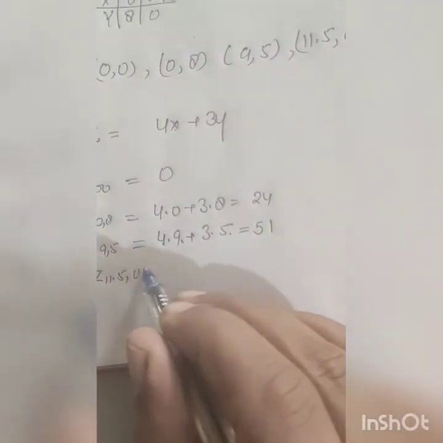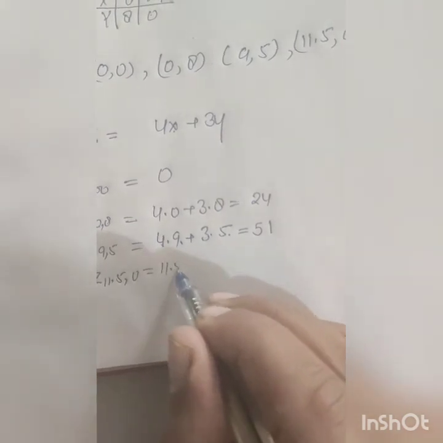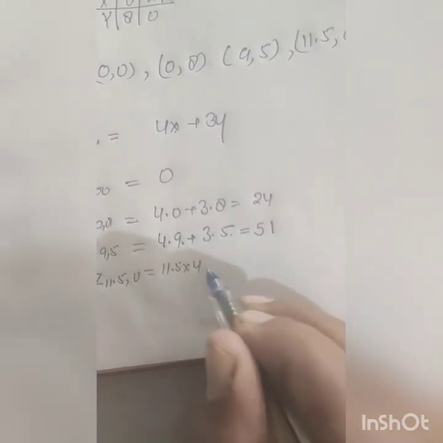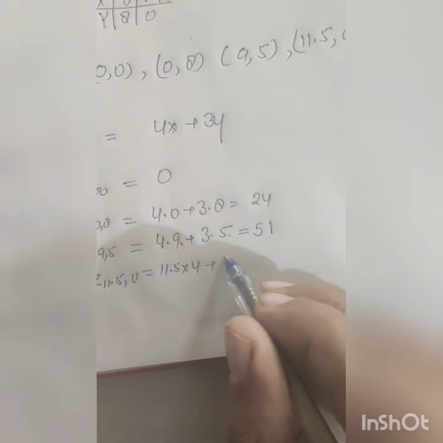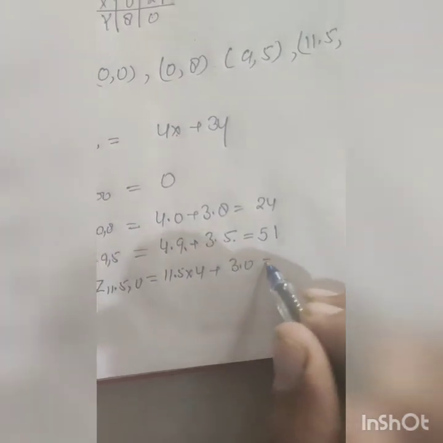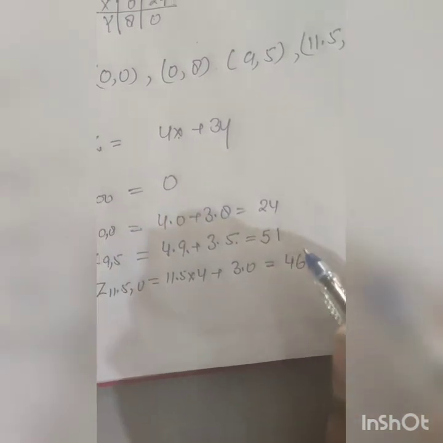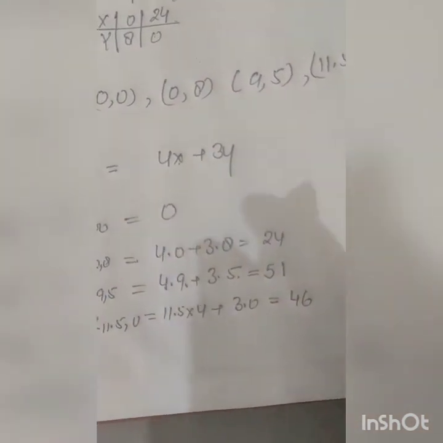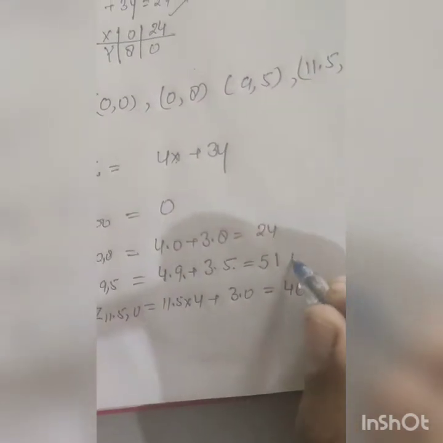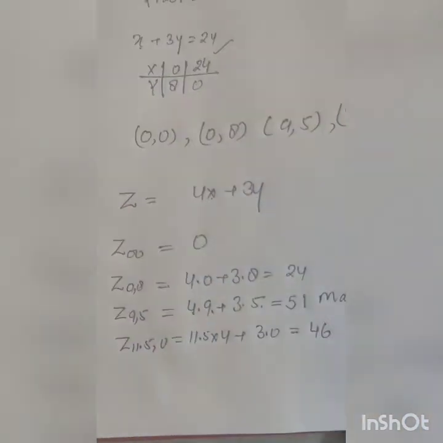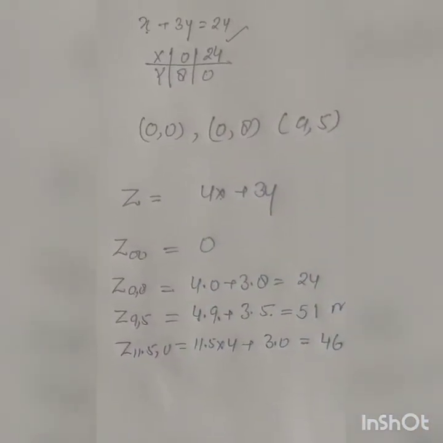And last, 11.5 into 4 plus 3 into 0 comes to 46. We were supposed to calculate the maximum value, so this is the maximum value for the given function.